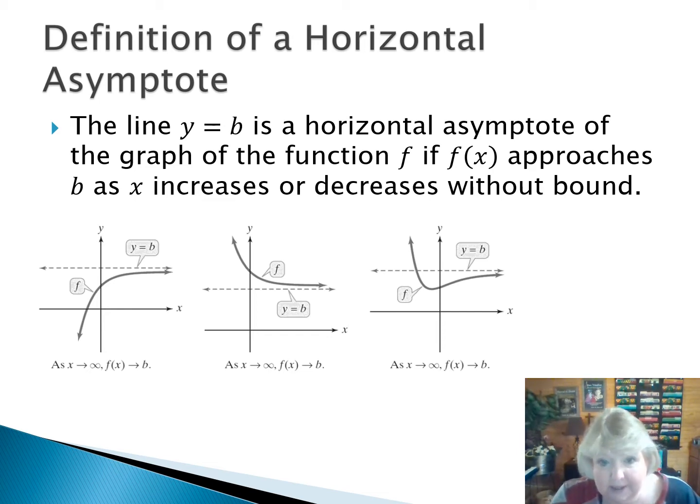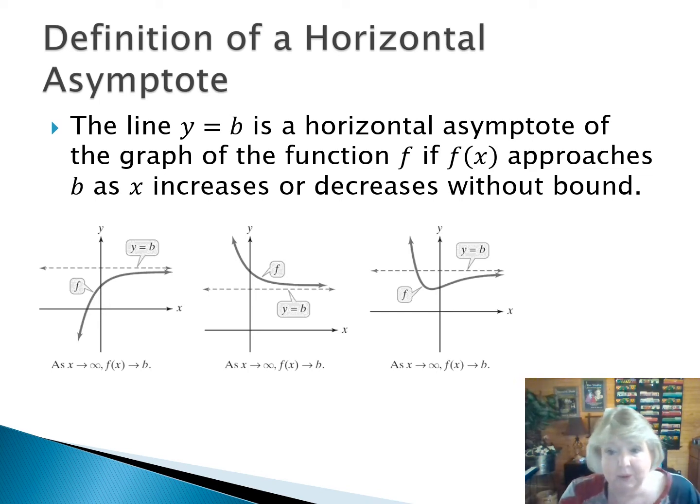Here is the second graph, a graph of x approaching infinity again, but in this case it's coming down instead of going up. It's coming down to the line b, but it's still approaching b. A third case here that I want to show you is possible.